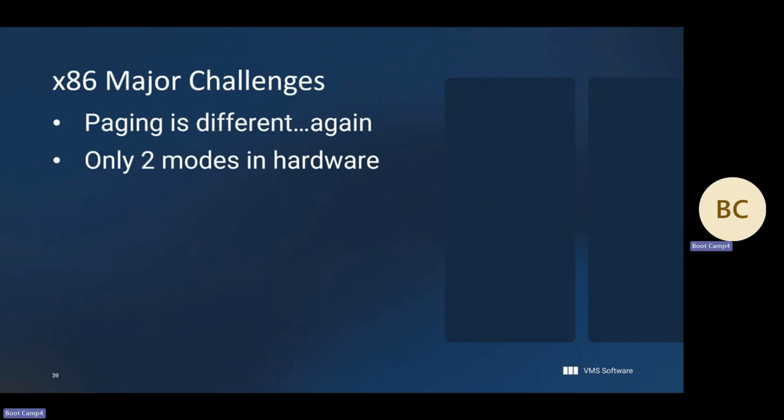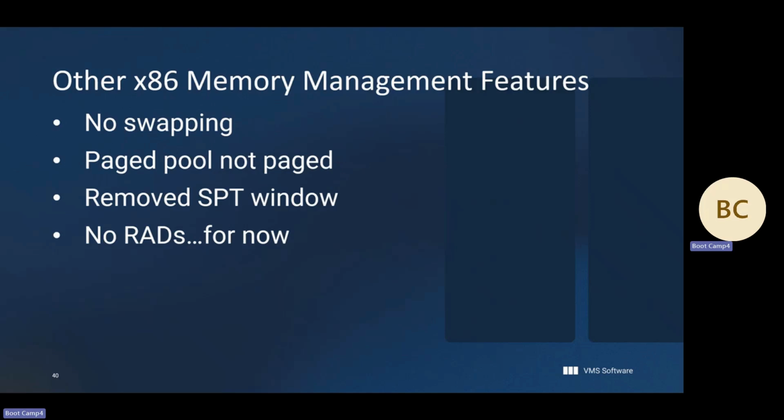Paging is different yet again, and there are only 2 modes in hardware. We looked carefully at making VMS a 2-mode system, and we decided that that was just a bridge too far. It's not something we wanted to do.